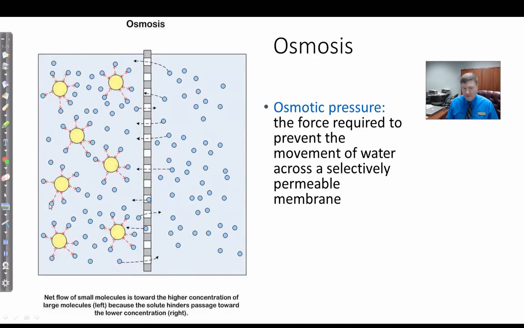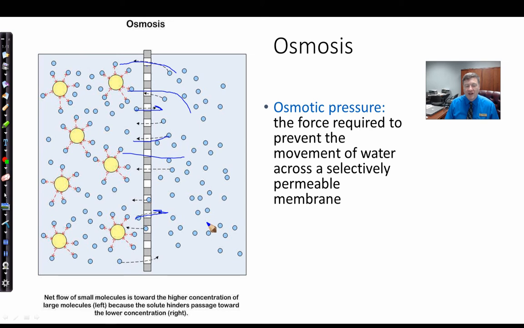So let's look again at this example. Here again we have these yellow dots representing solute, the blue dots representing water. Please notice there is water that does move from one side to the other. Water is bouncing around, and so some water is going this direction. However, most of the water is going to be passing through these channels, and it's going to be going here.